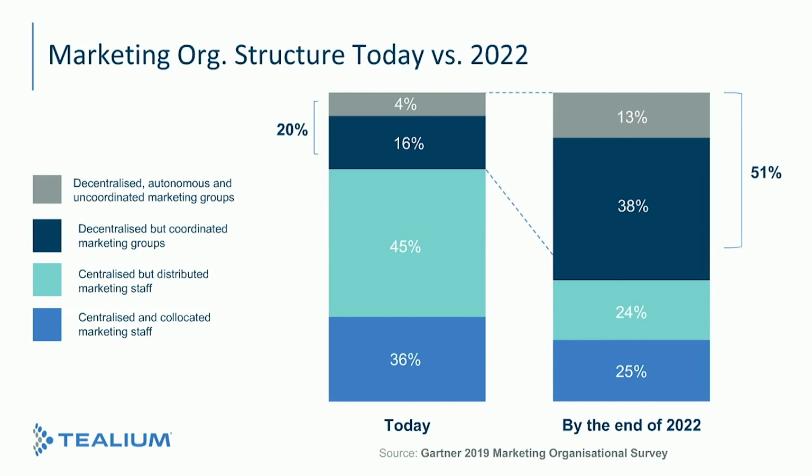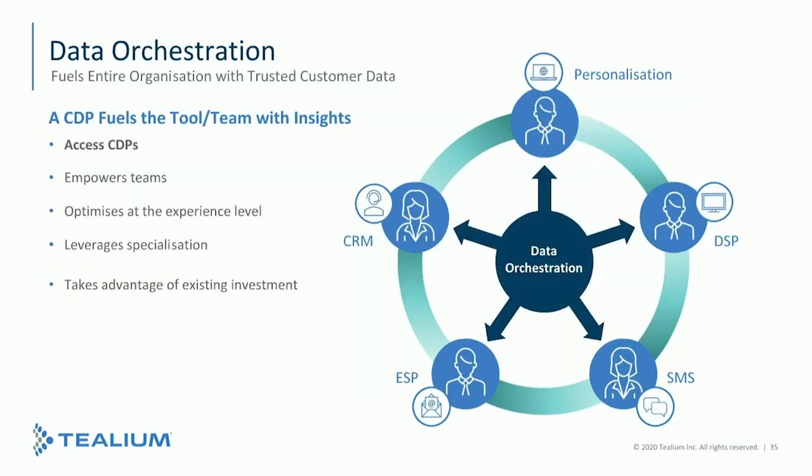You can see here in the survey that by 2022, we're expecting decentralisation to have more than doubled from today, because ultimately the people best placed to leverage a particular channel are the specialist employees that you've already employed within your organization.